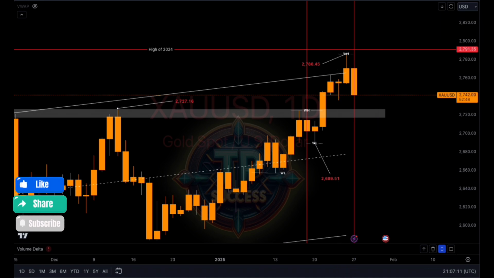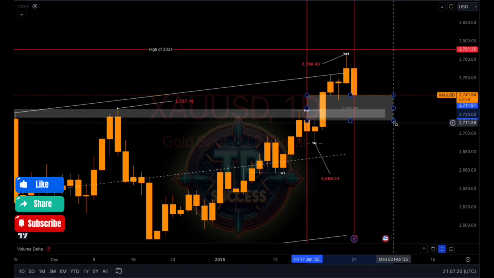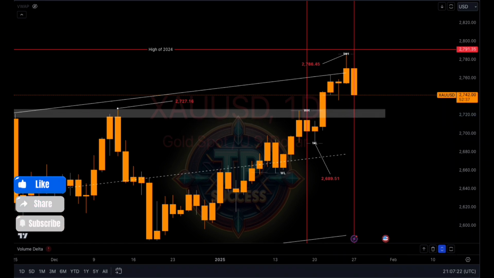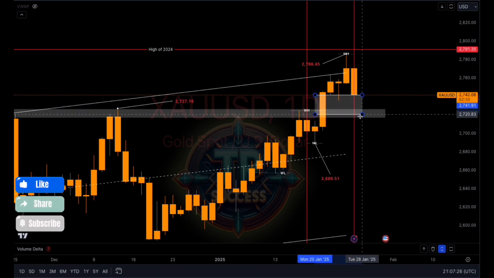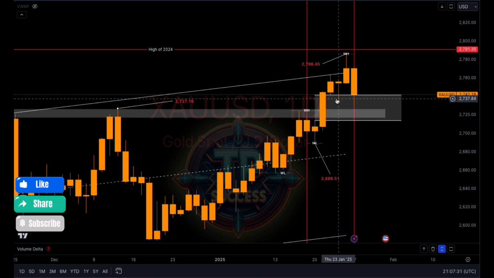So the first location that I have spotted is this over here. We have an FVG in this area right here. Actually, this is the wrong tool to use. Let's use this instead. So we have an FVG in this area that price has gone into before.